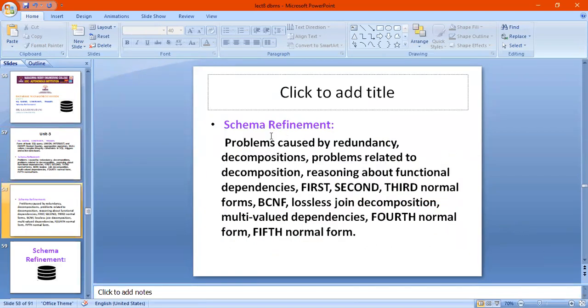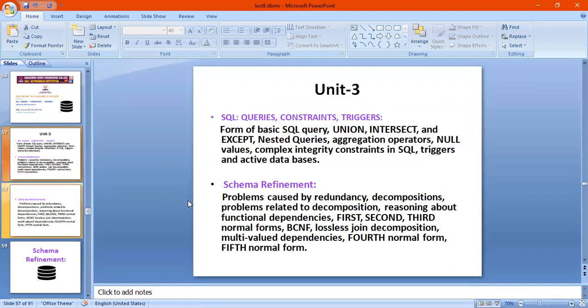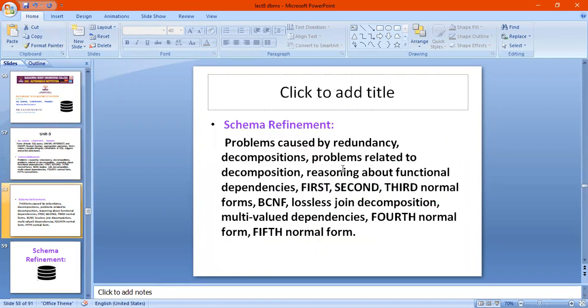The topics are problems caused by redundancy, decomposition, problems related to decomposition, reasoning about functional dependency, first, second, and third normal forms, BCNF, lossless join decomposition, multi-valued dependencies, fourth normal form, fifth normal form.